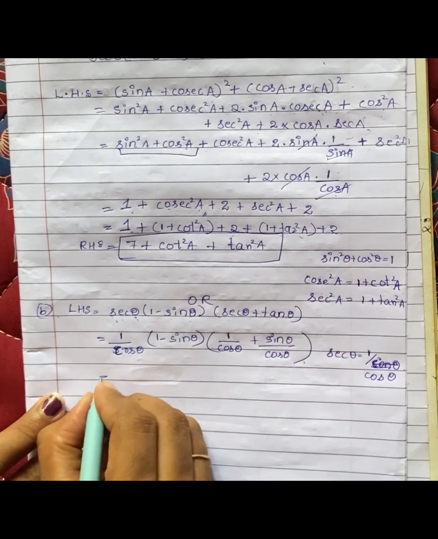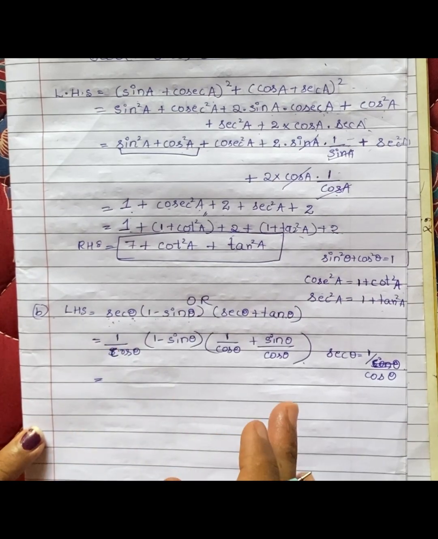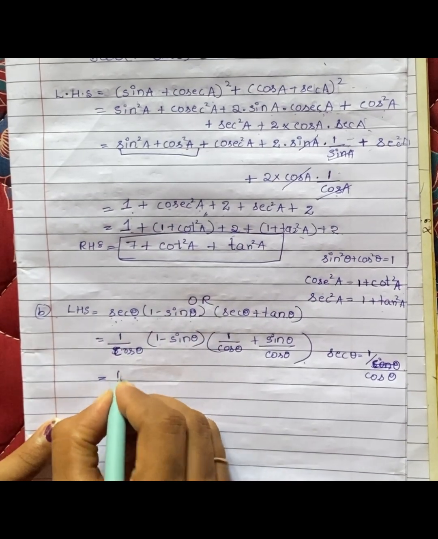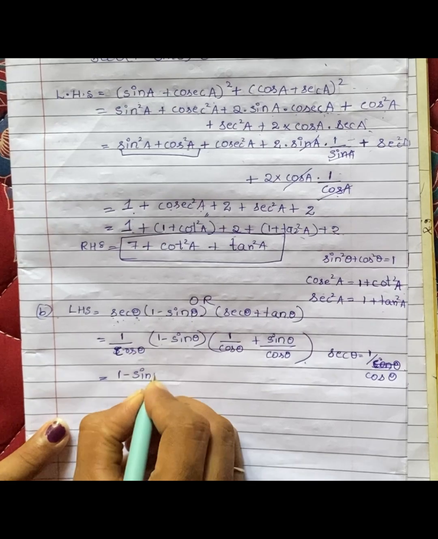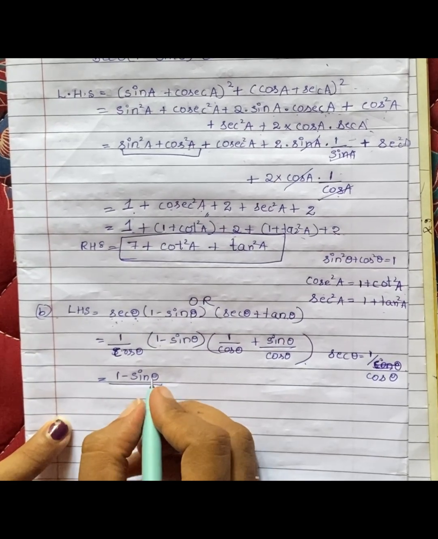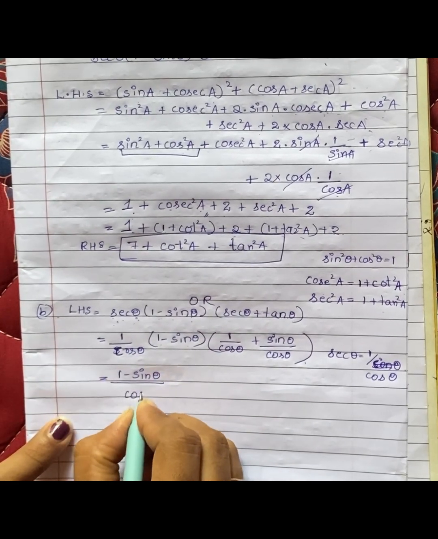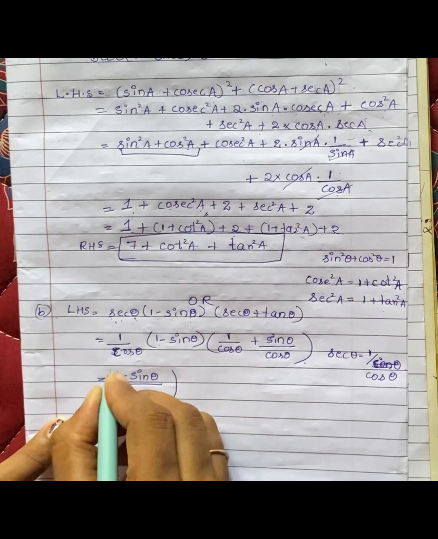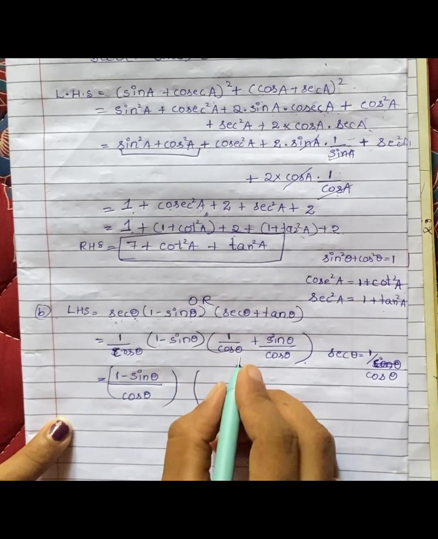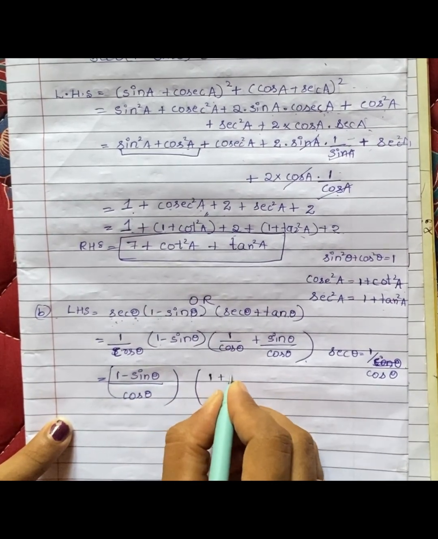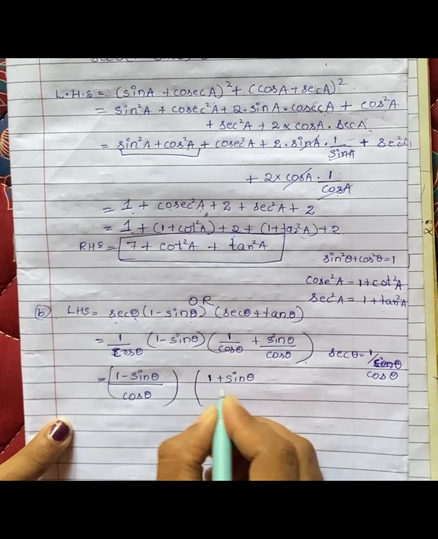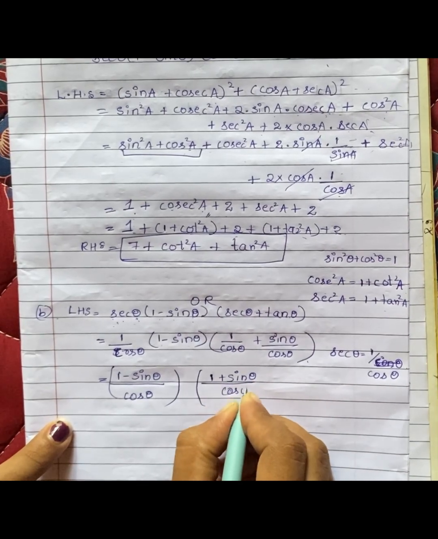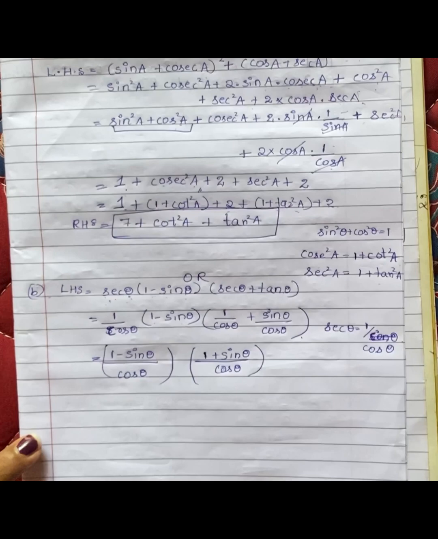Now I'll simplify this equation, that is 1 minus sin theta in the numerator divided by cos theta in the denominator in one bracket. In the other one, 1 plus sin theta in the numerator, cos theta in the denominator.